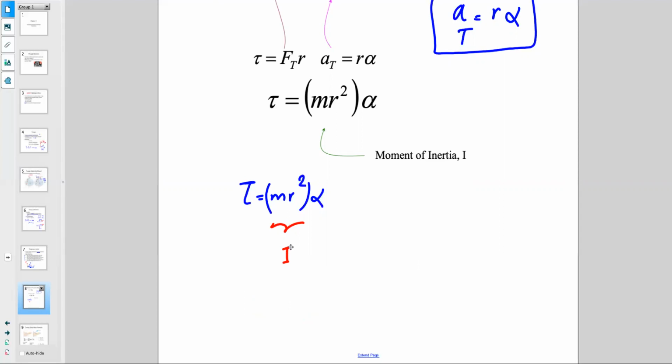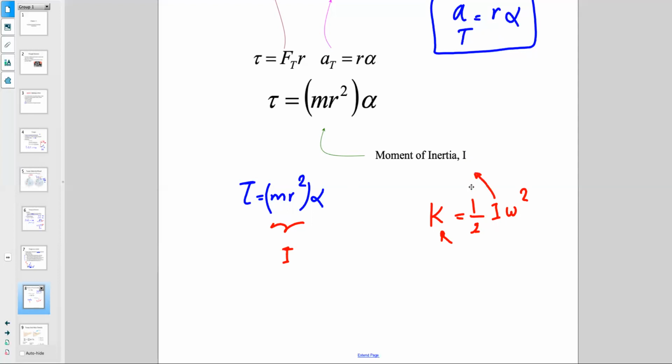We remember it from the kinetic energy in the last chapter, Chapter 10. Remember the rotational kinetic energy? I solved so many problems using this in the previous video. So K sub r is half I omega squared. Omega was the rotational velocity, and this I was the moment of inertia right there.